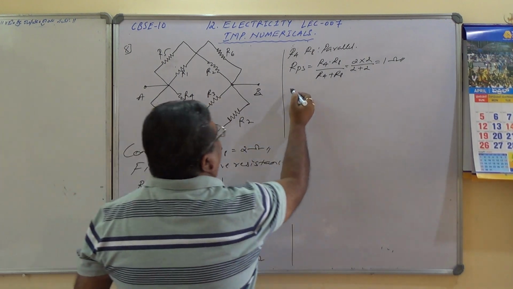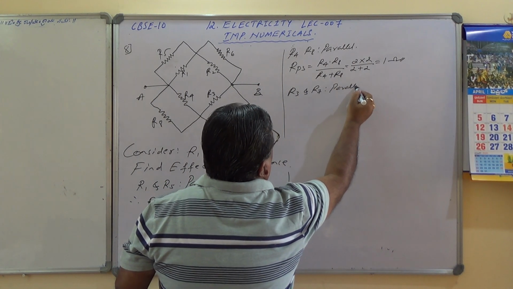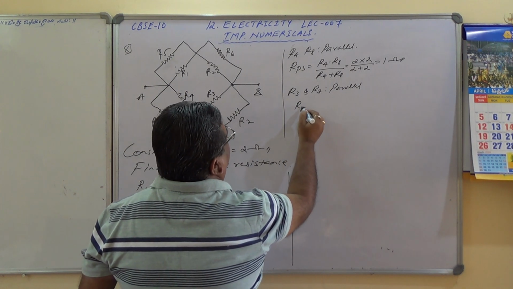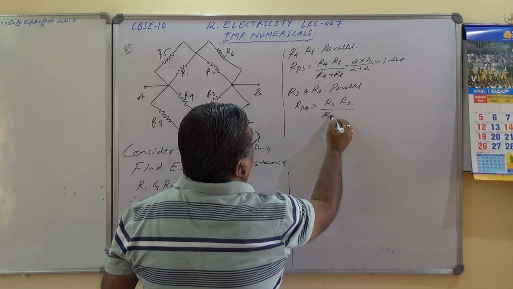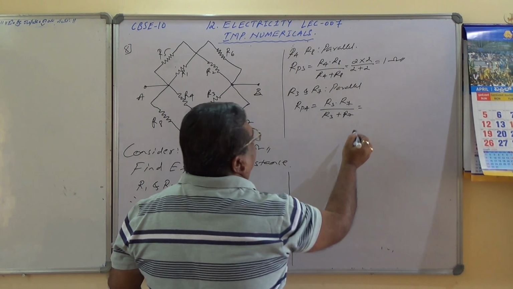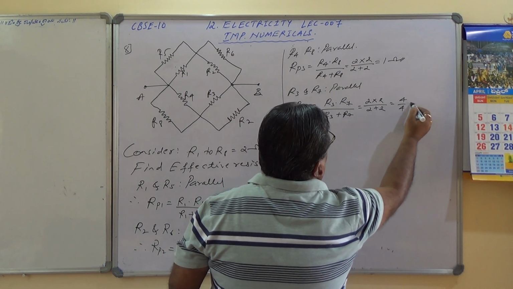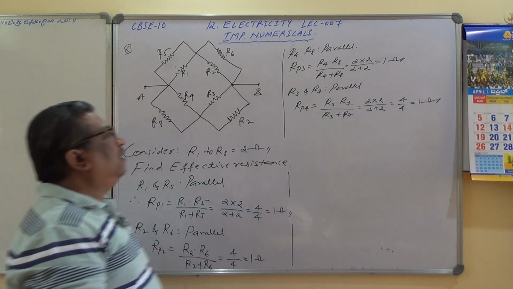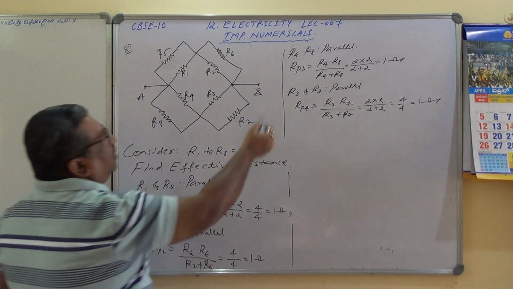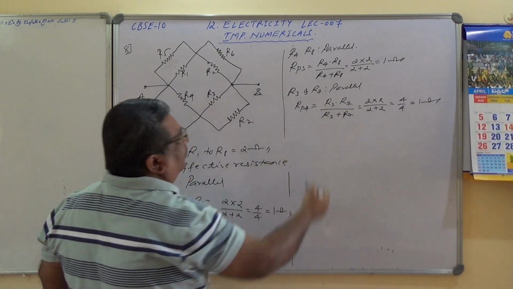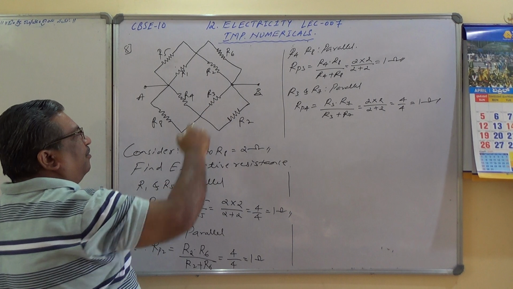Finally, R3 and R7. Okay, so finally I have got RP1, RP2, RP3, RP4, each 1 ohm here. That means RP1, RP2, RP3, RP4, isn't it?